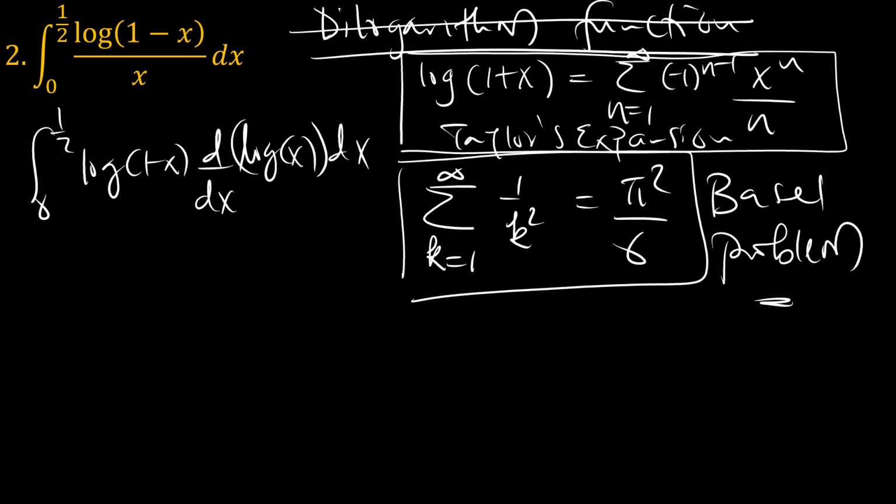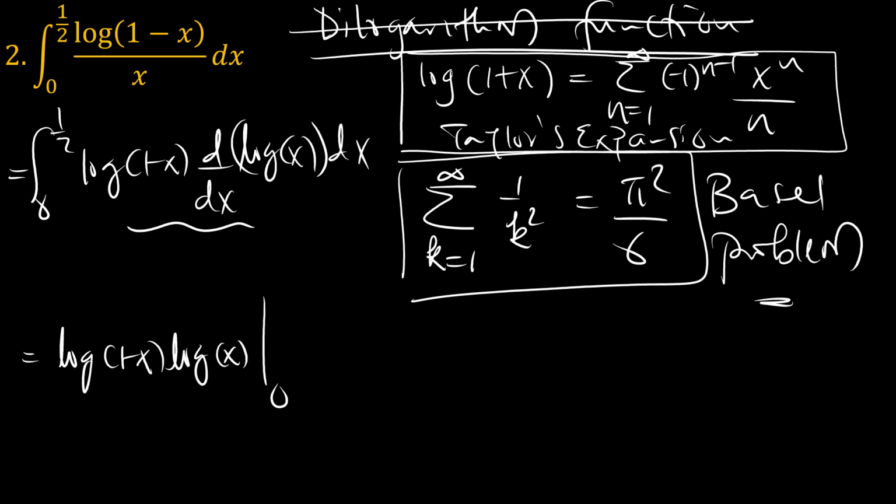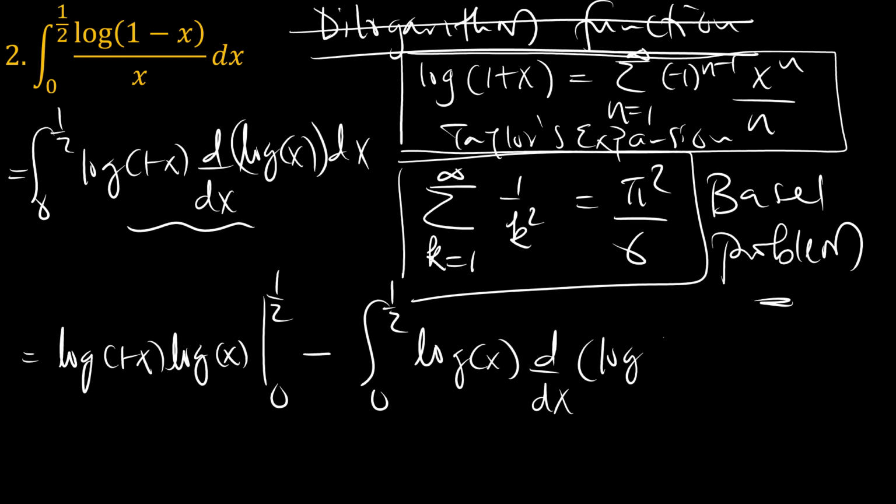Okay, and then if we use integration by parts, we'll see that this is the same as the natural logarithm of 1 minus x times the natural logarithm of x, evaluated from 0 to a half, minus the integral from 0 to a half of the natural logarithm of x times the derivative of the natural logarithm of 1 minus x.